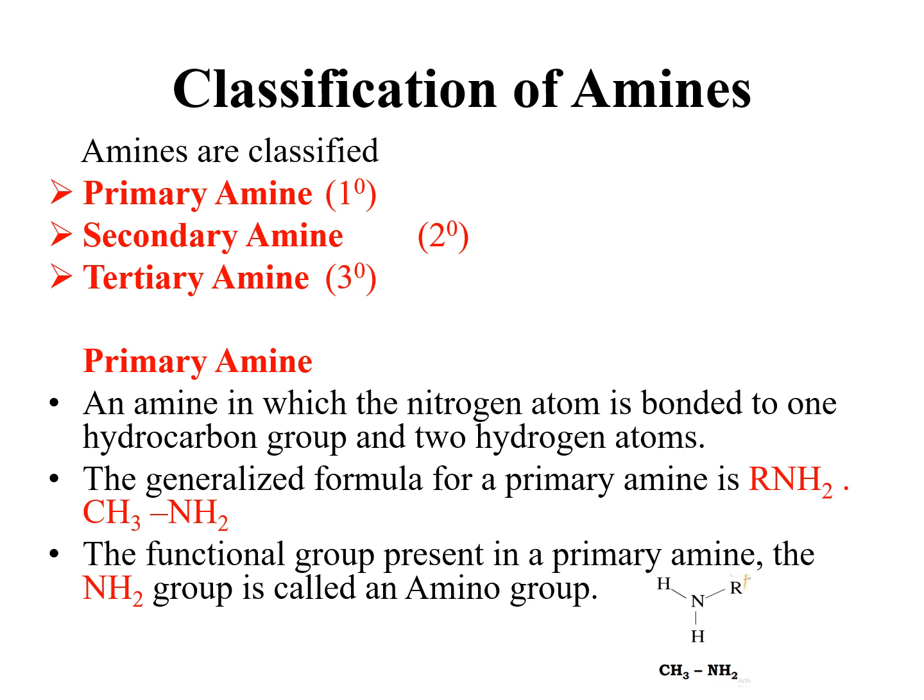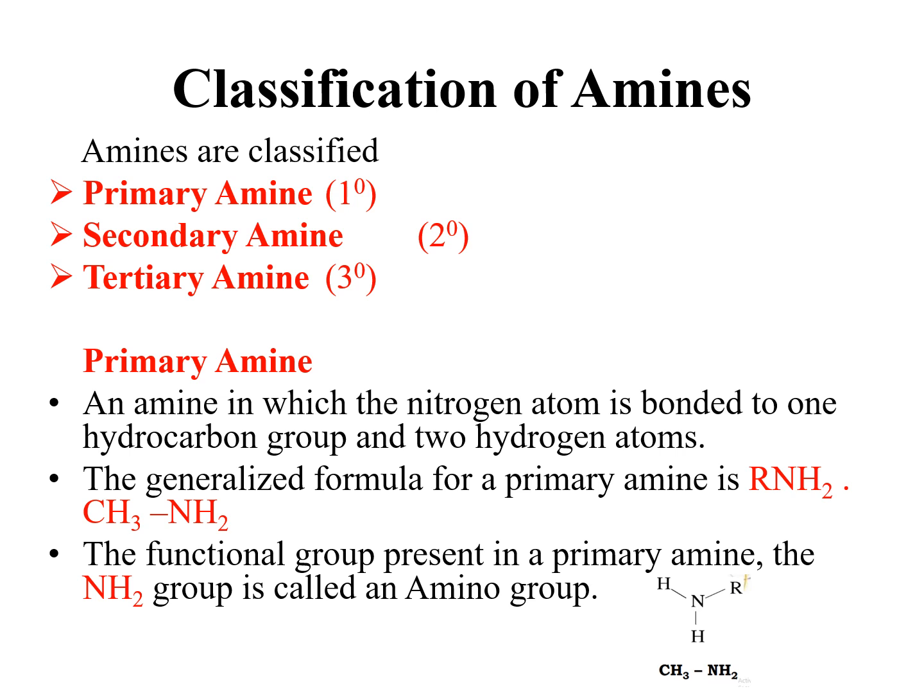An amine in which the nitrogen atom is bonded to one hydrocarbon group and 2 hydrogen atoms is known as a primary amine. The generalized formula for a primary amine is RNH2. R stands for any type of alkyl group, and if this alkyl group is methyl, then this molecule will be named methylamine.